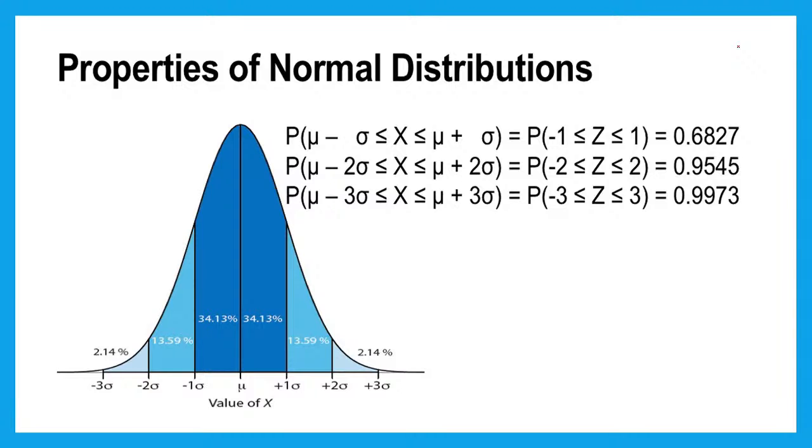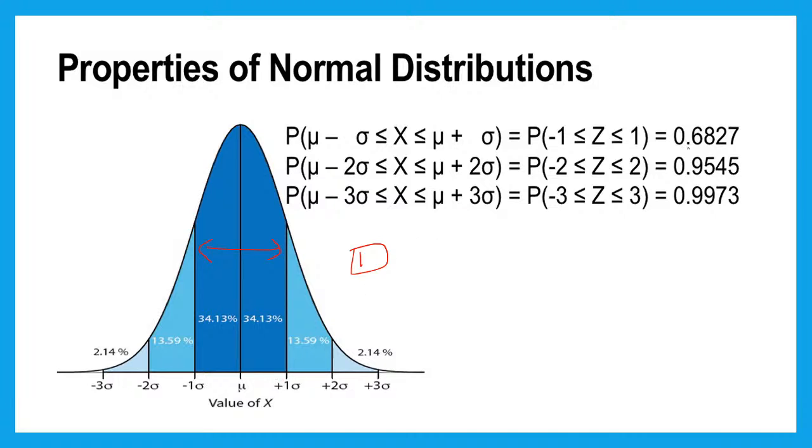And one more thing, I told you the entire area between the curve and the x-axis is 1. The total area is always 1. That is why we are considering it as a probability. And these are the standard things. The probability of this is called 1 sigma variation from mu. This is minus 1 sigma, this side mu plus 1 sigma.